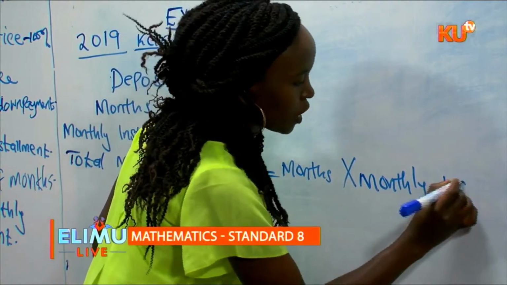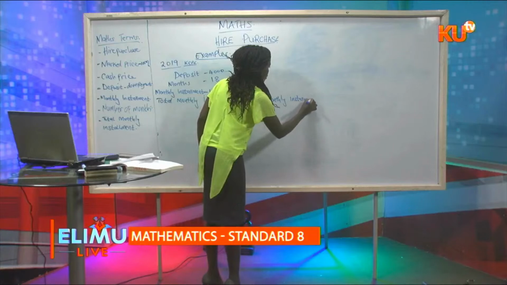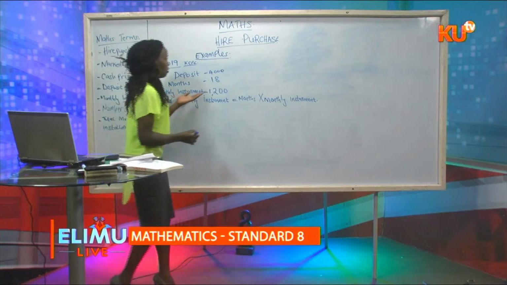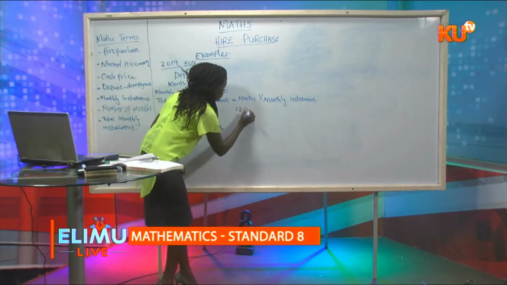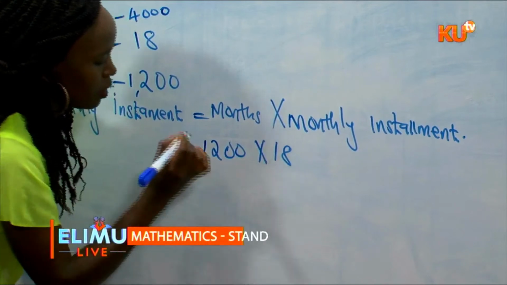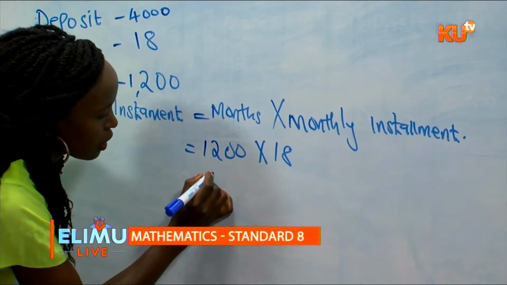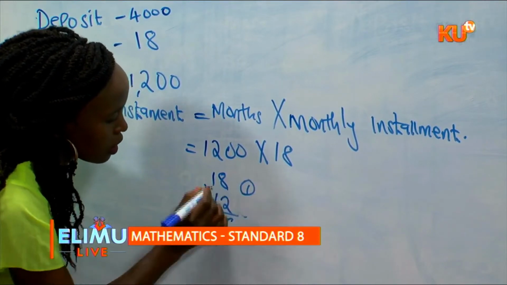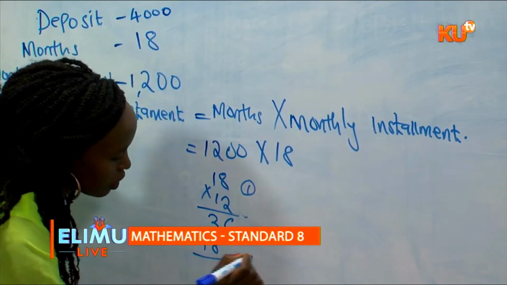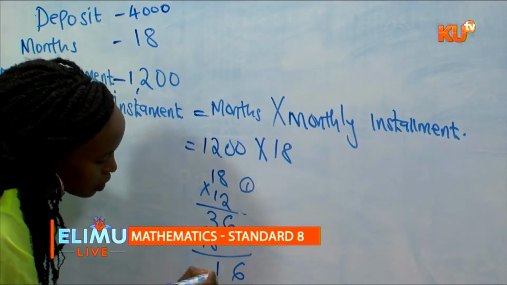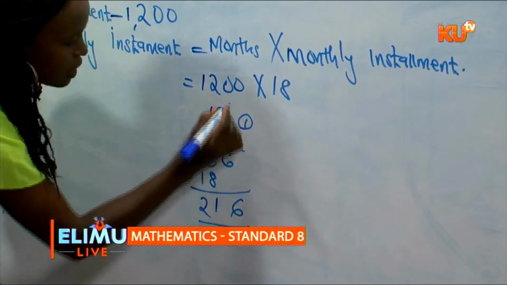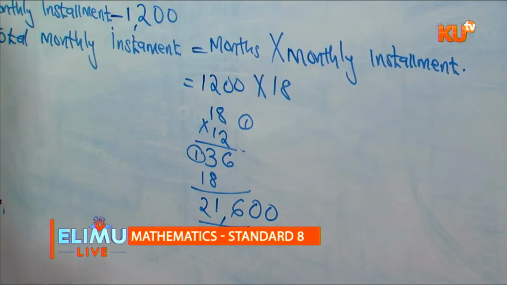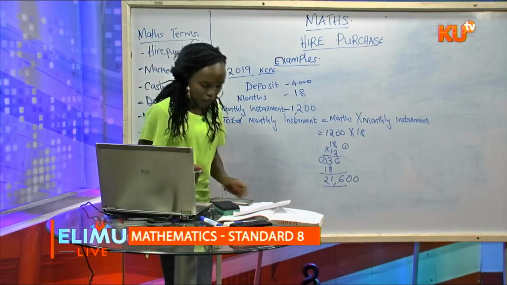So 18 months and 1,200, so 1,200 times 18. We take 18 times 12: 16, carry 1, 2, 3. We get 216. Then times 100, we get 21,600. 21,600 is now the total monthly installment.